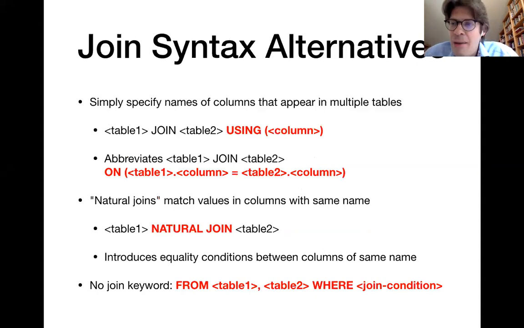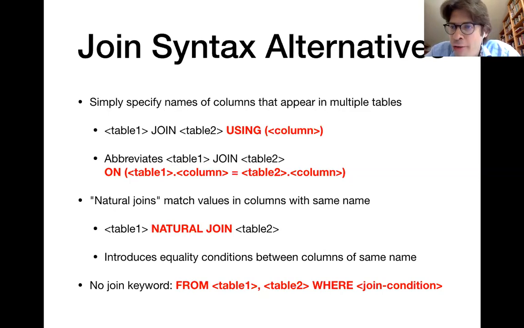There's also a couple of alternative ways of writing those join conditions that we have seen so far. So far, we have been explicitly formulating the join condition, but there is a couple of frequent cases for which people have introduced shortcuts in SQL.